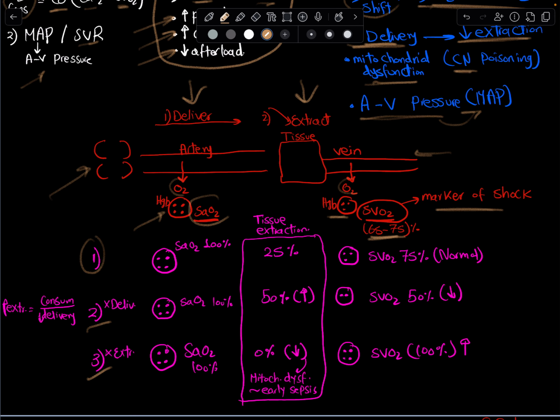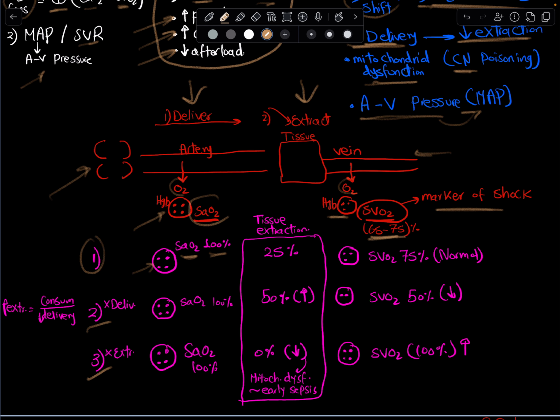The first scenario, we have the artery, we have the tissue, and we have the vein. To measure the oxygen saturation in the artery, we measure the SaO2, which let's say is 100%, which means, just for demonstration, that each hemoglobin is bound to 4 molecules of oxygen. This hemoglobin in the artery goes to the tissue.